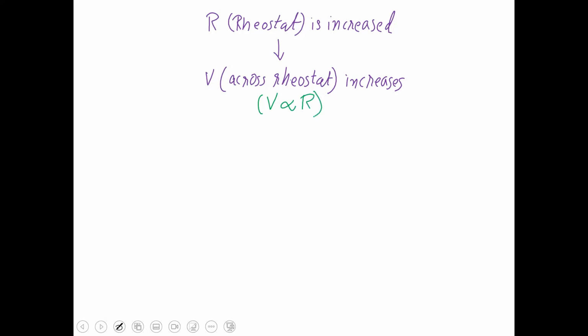So voltage across rheostat increases. As a result, voltage across compensator decreases.